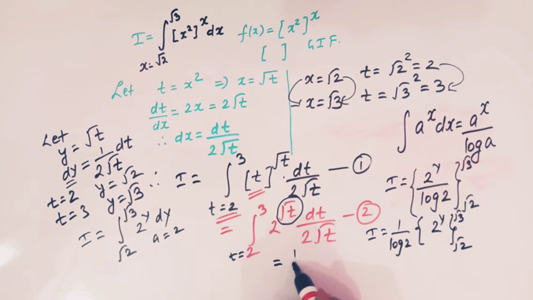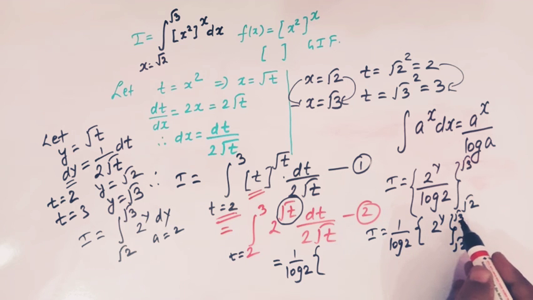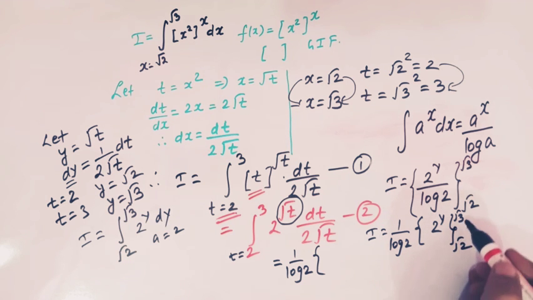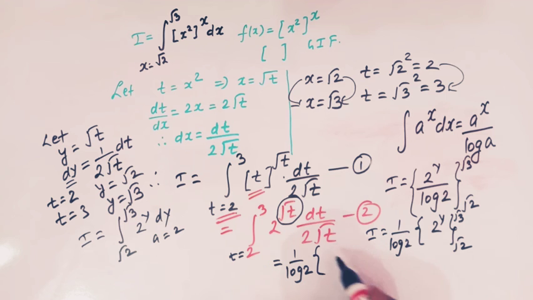Now this is 1 over log 2, and if we substitute the values of the lower and upper limits and take the difference, this is 2 raised to root 3 minus 2 raised to square root of 2.